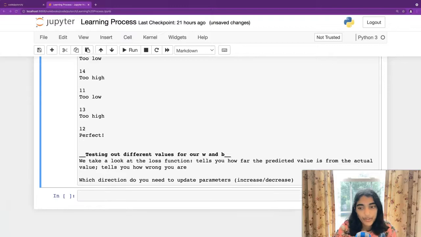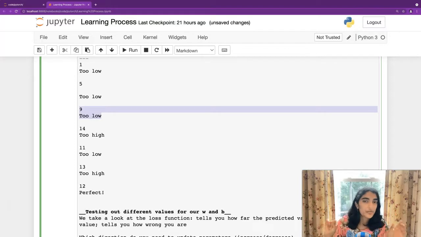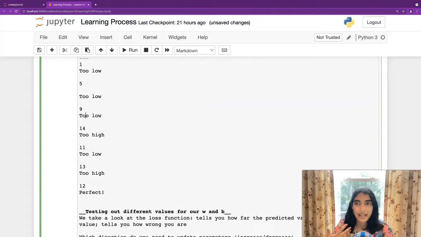An important point that you should note is that if you twist too much, for 9, we twisted the knob too much, meaning we increased it by too much. You can think of it as a knob. You want it to be at a certain point, but you slowly twist it and twist it, and you pass the point that you want to be at. That's what I mean by twisting the knob too much.